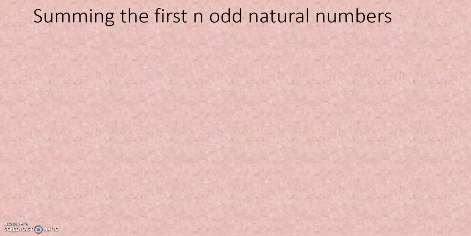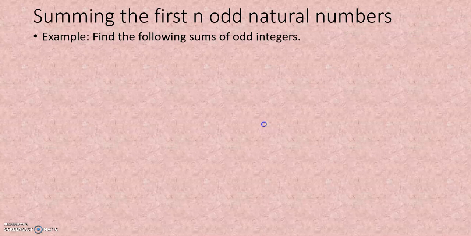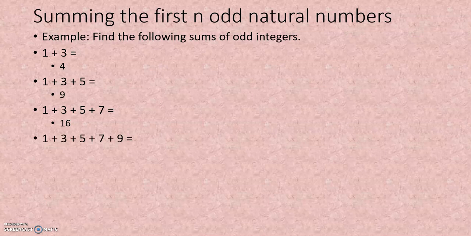Summing the first n odd natural numbers. Example, find the following sums of odd integers. 1 plus 3 equals 4. 1 plus 3 plus 5, 9. 1 plus 3 plus 5 plus 7, 16. 1 plus 3 plus 5 plus 7 plus 9, 25. 1 plus 3 plus 5 plus 7 plus 9 plus 11, 36.